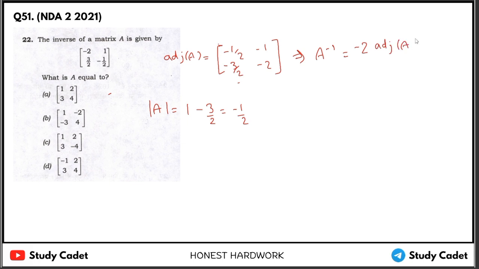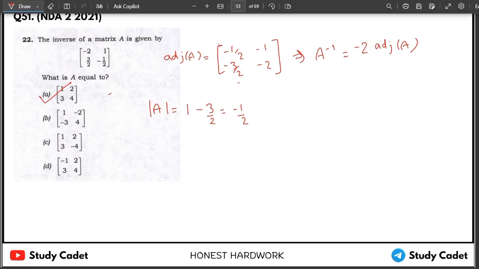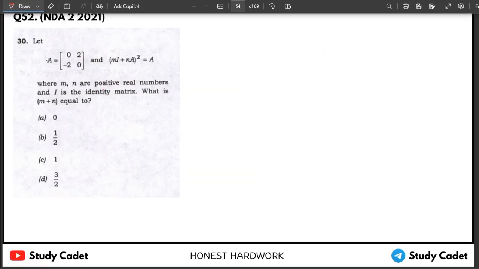When we multiply with minus 2, then 1, 2, 3, 4, this one will be the answer.